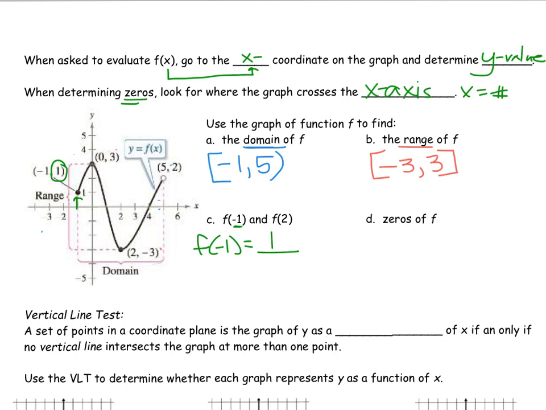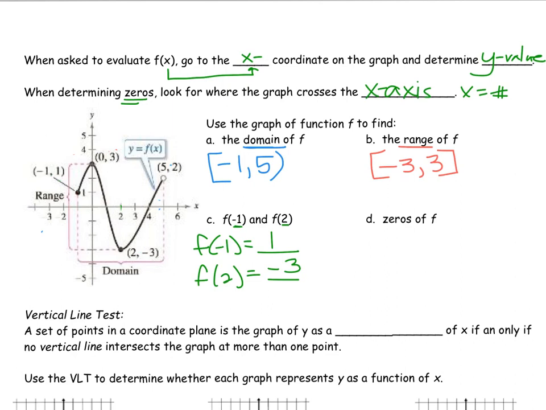Now let's try the next one, f of 2. Go to 2 on the x-axis and find where that point is. The output is -3. You can evaluate really quickly on a coordinate system with a graph already given just by following those rules. Find where the x value is and then determine the output on the graph itself.